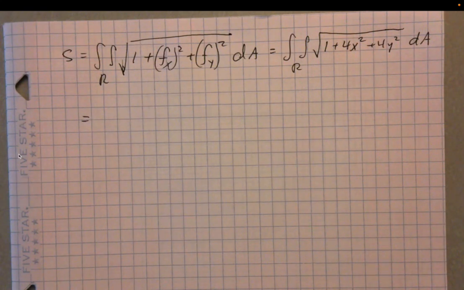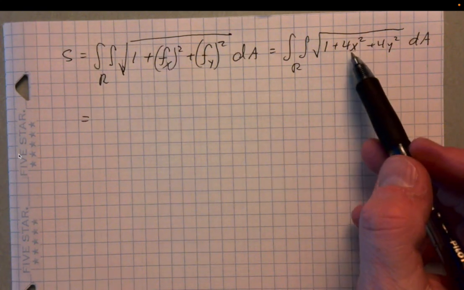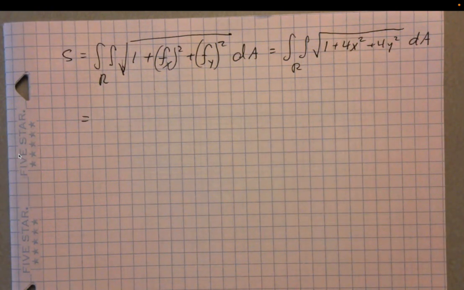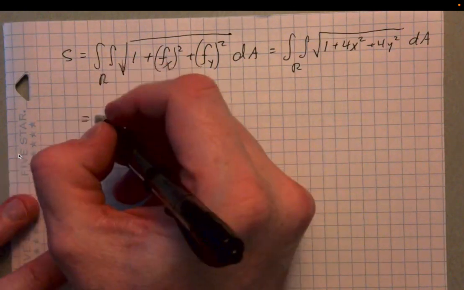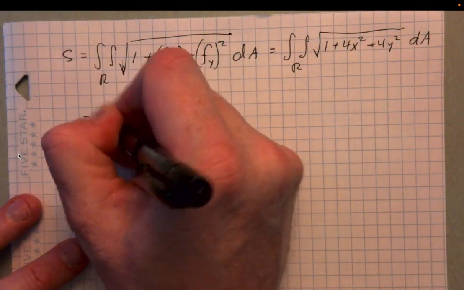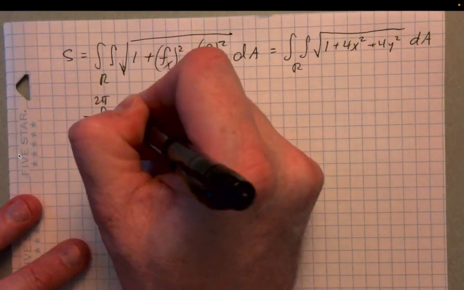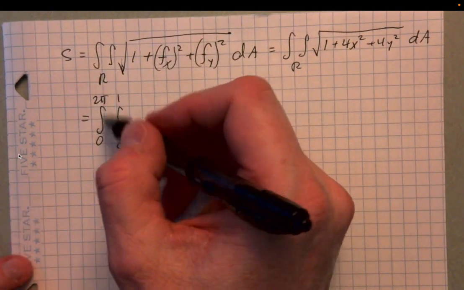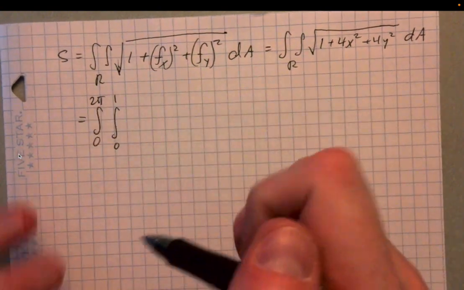So wherever you see x here, that's going to be r cos theta. And wherever you see y, that's r sine theta. Okay, and so we can set this up. The integral will go from 0 to 2 pi, and then from 0 to 1. Right? So the radius is the inner integral, the theta is the outer integral.